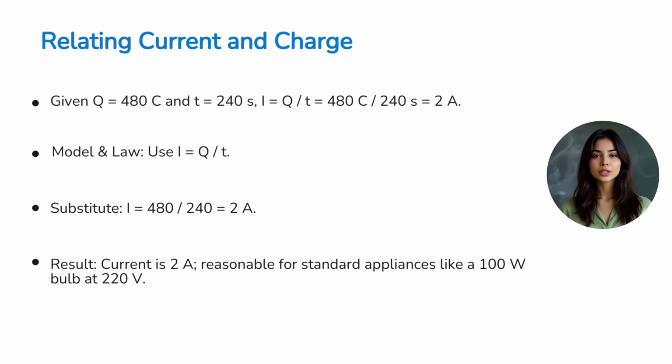Using the formula current I equals charge Q over time t, we substitute the values: 480 coulombs divided by 240 seconds equals 2 amperes. That means a steady 2 ampere current is flowing. This is a reasonable current value for everyday appliances like a 100-watt bulb working on a 220-volt supply. So not only do we perform calculations, but we also relate them to familiar things around us.